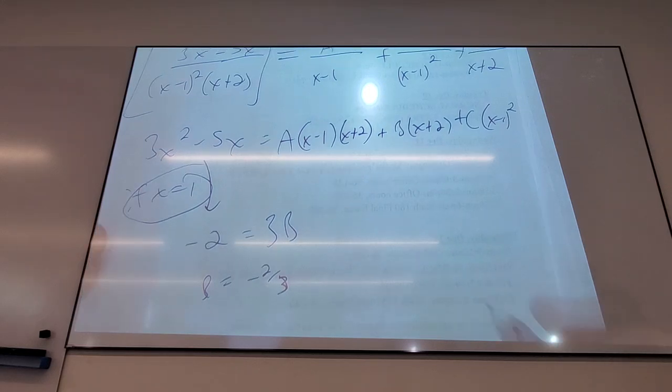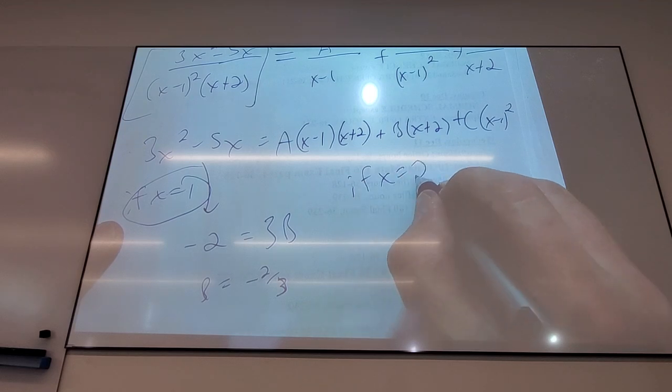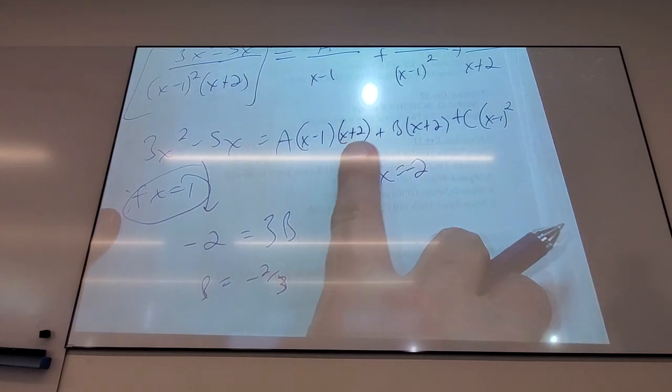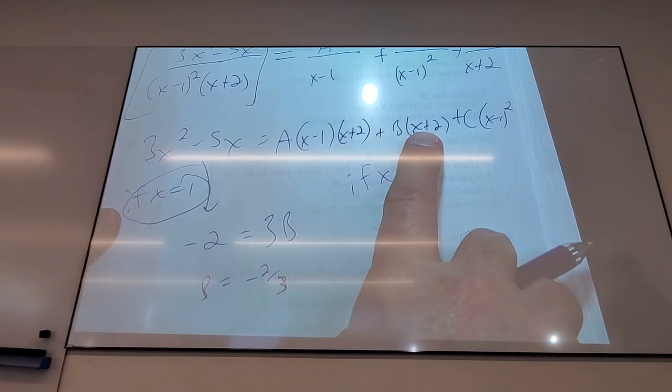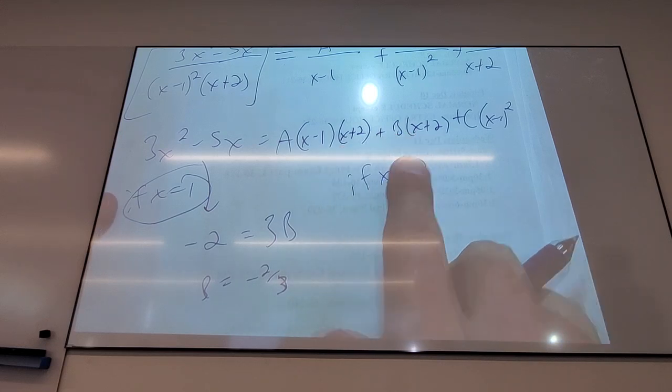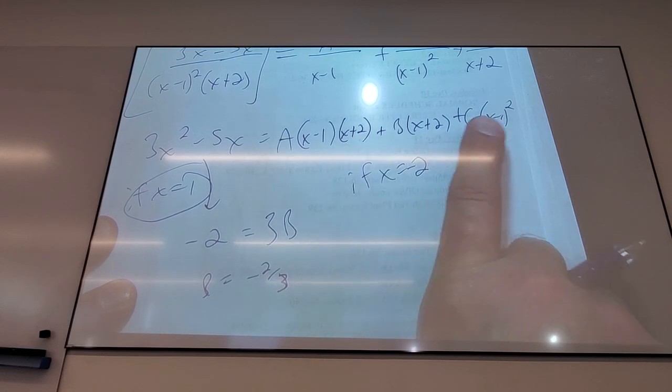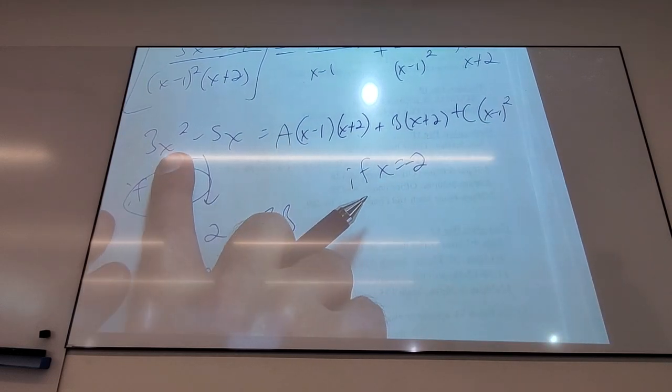Okay, I get it. One person says yes, okay, so we're gonna do it. So if x is negative 2, I'll get a similar thing happen. Yes? I love you guys so much. A and B go. So what do I get over here if x is negative 2?